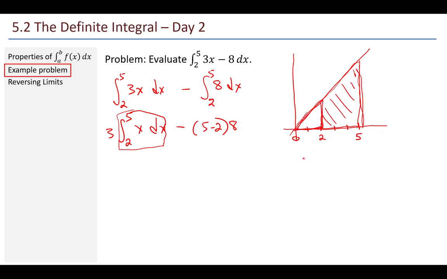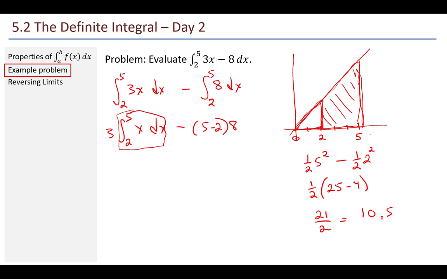So the area of the big triangle is 1/2 5 squared, that's 1/2 base times height, minus 1/2 2 squared. So that is 1/2 times the quantity, 25 minus 4. So that is 1/2 of 21, so 21 halves, or 10 and a half.